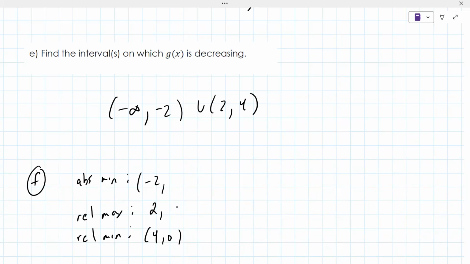The relative min would be 4 comma 0. Then the relative max would be 1.37 comma 11 point.